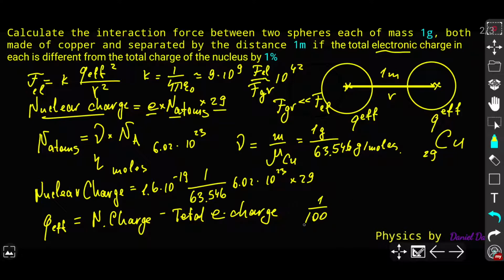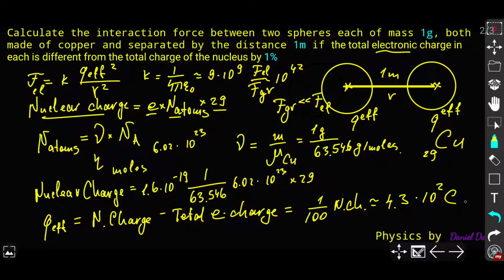That's going to be equal to 1/100 of what we calculated here. If you take a calculator, it's going to be around 4.3 times 10 squared coulombs.